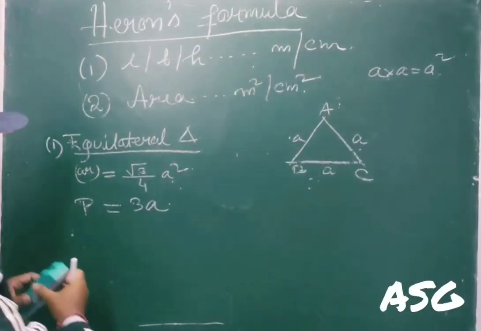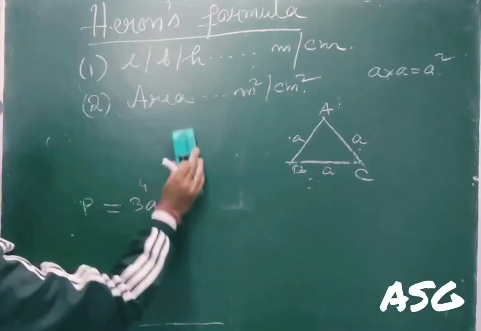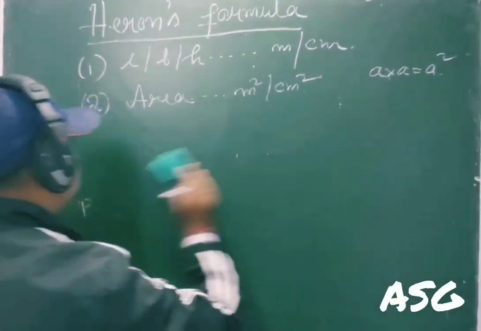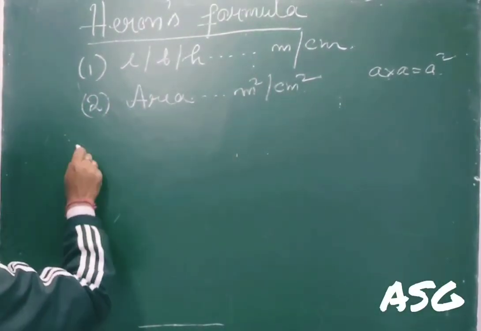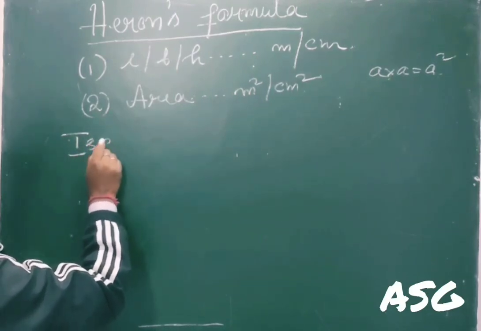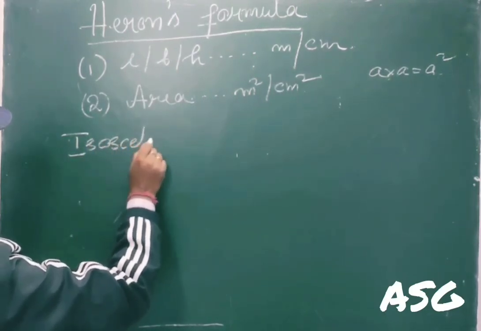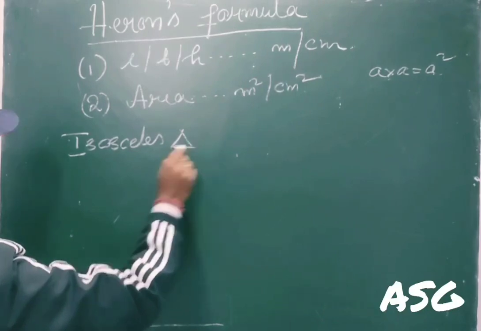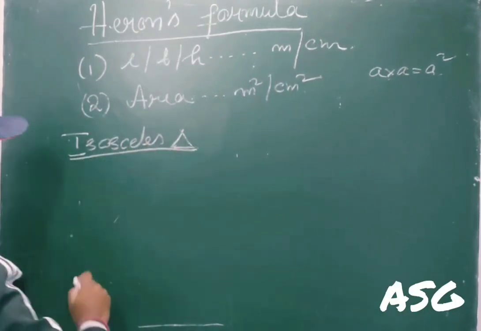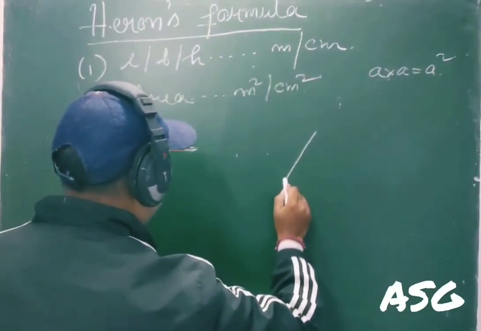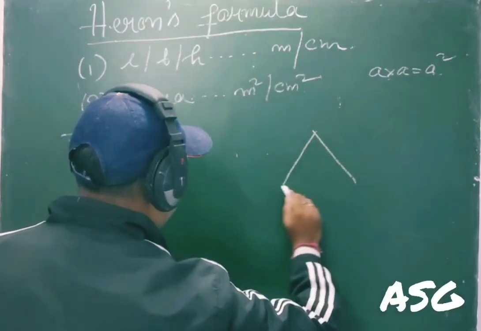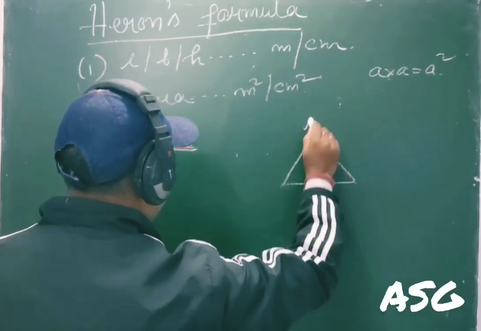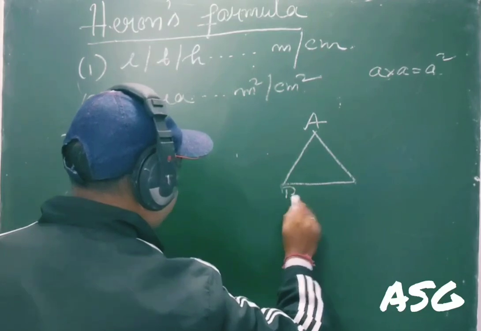Next one is the isosceles triangle. As you know, an isosceles triangle is any triangle where two sides are equal.